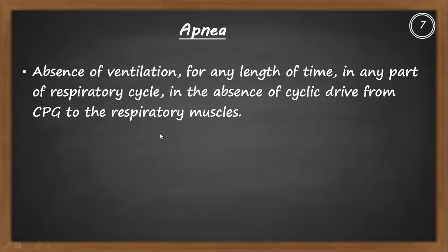This absence of ventilation occurs due to the absence of cyclic drive from the central pattern generator to the respiratory muscle. So the condition in which there is absence of ventilation because of absence of the cyclic drive from the CPG to the respiratory muscle is known as apnea.